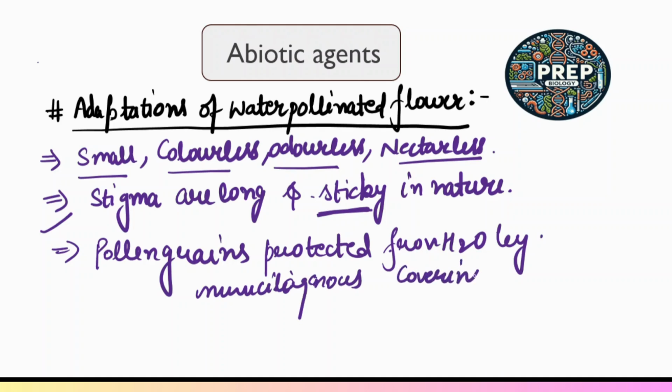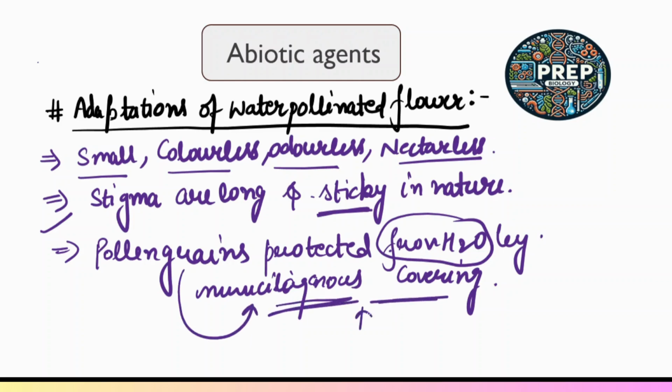So for protection from the water, because the plant is present in the water and the pollination occurs with the help of water current, the pollen grains are covered by a special kind of jelly-like mucilaginous covering. Okay, so these all are the features of water pollinated flower.